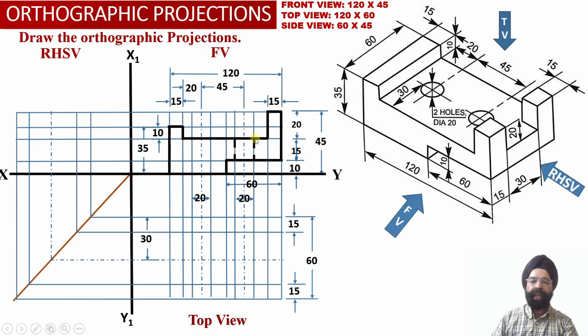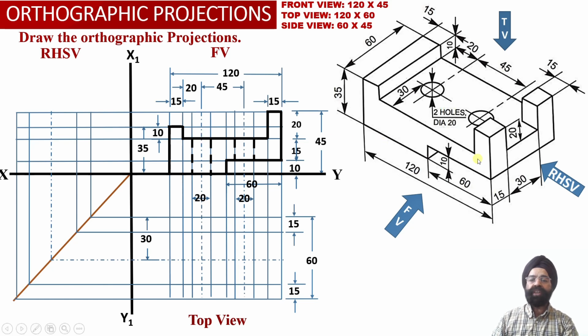So now we can check through this construction that the height of hole number 2 happens to be equal to 15 millimeter, whereas the height of hole number 1, which again has a diameter of 20 millimeter, happens to be equal to 25 millimeter.